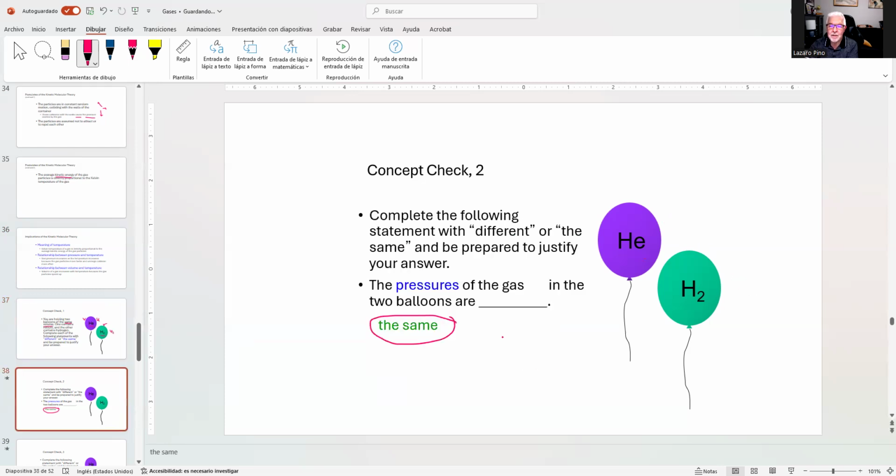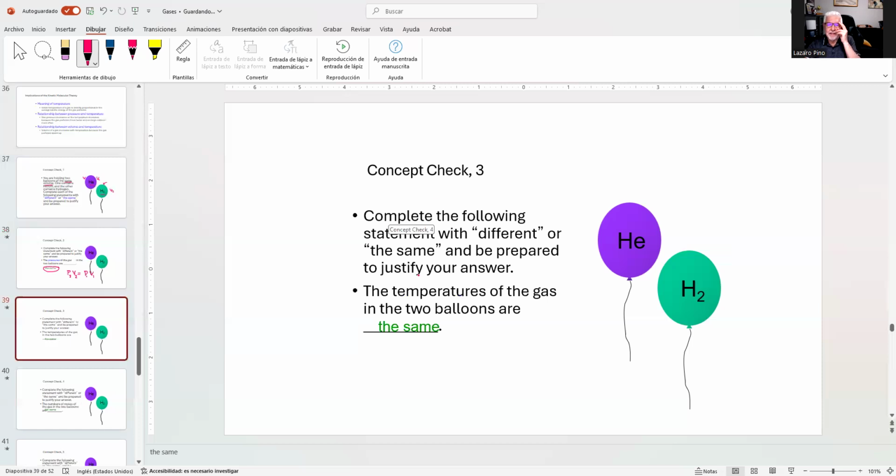So pressure times volume is constant. If the volumes are the same, the pressure must also be the same in order to be equal. Remember that we studied this.